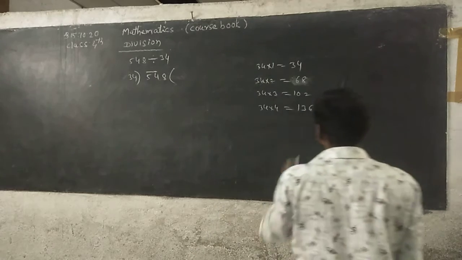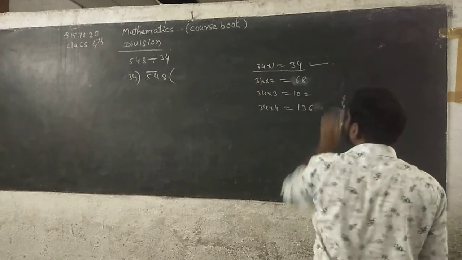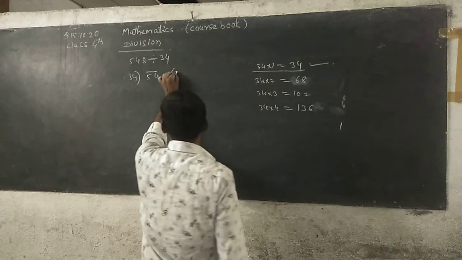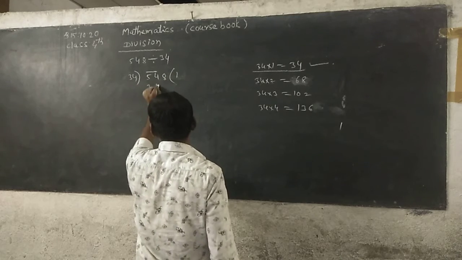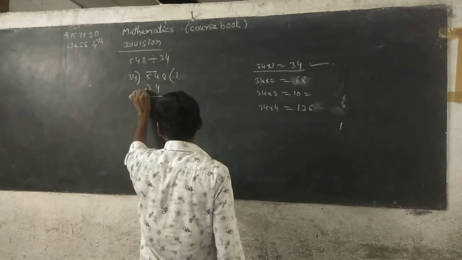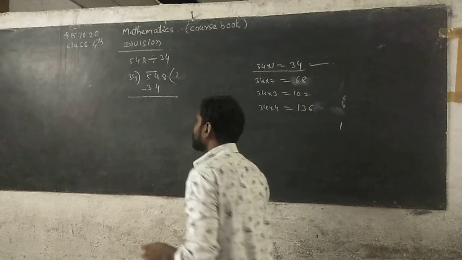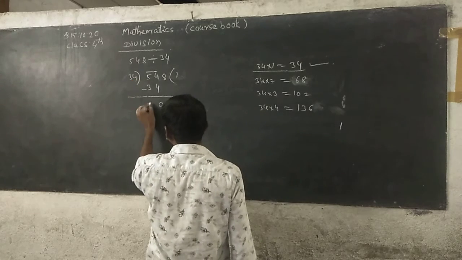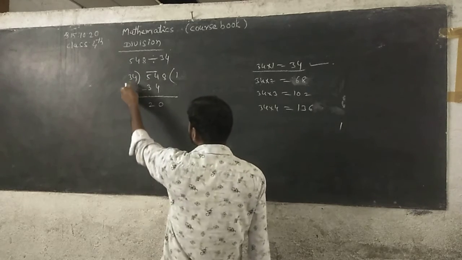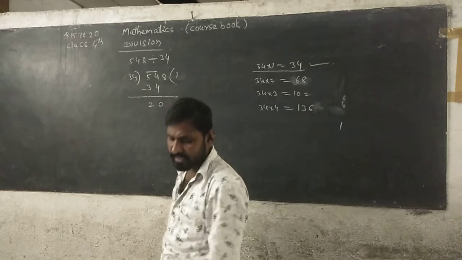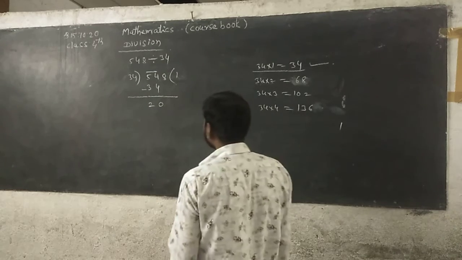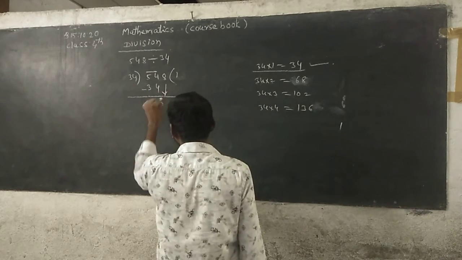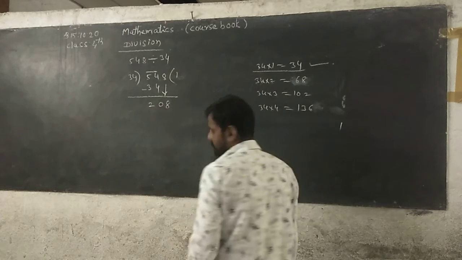So we have to take 34 ones are 34, then subtract. 34 subtracted from 54: 4 minus 4 is 0, 5 minus 3 is 2. So 20 is less than 34. Now bring down 8 to the remainder, so 208.